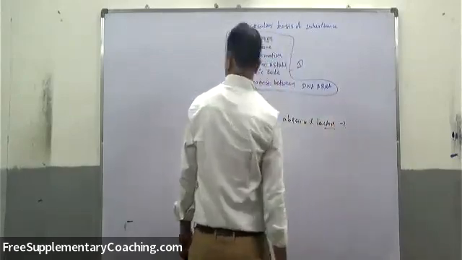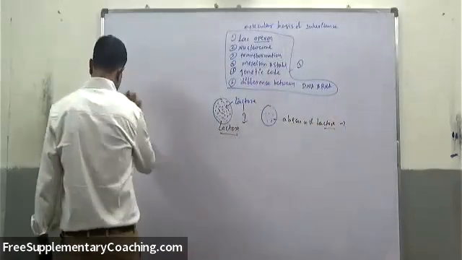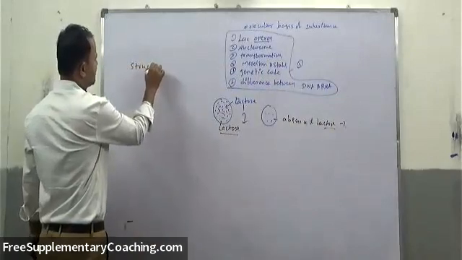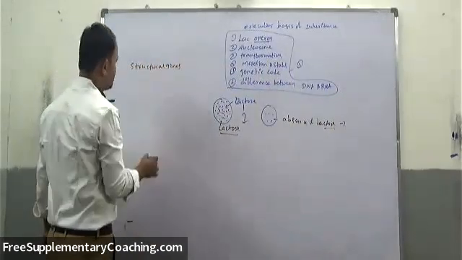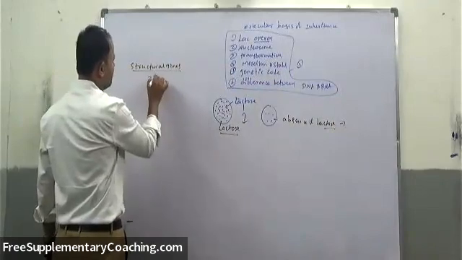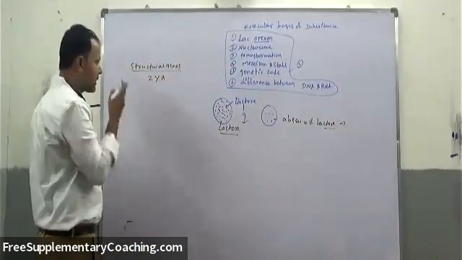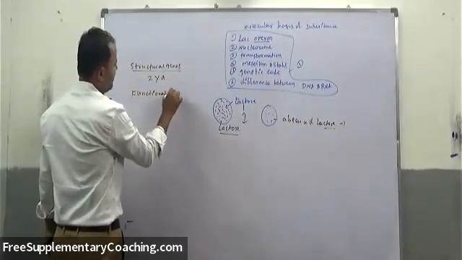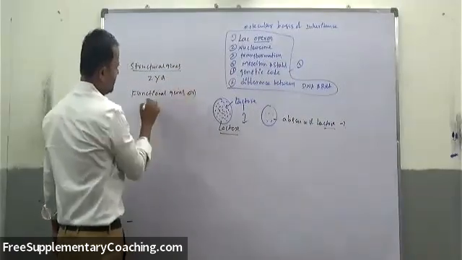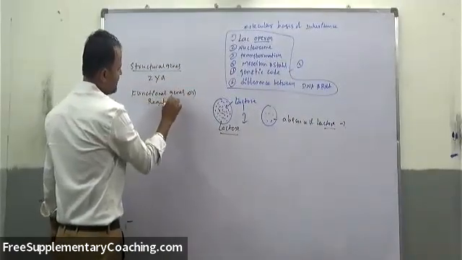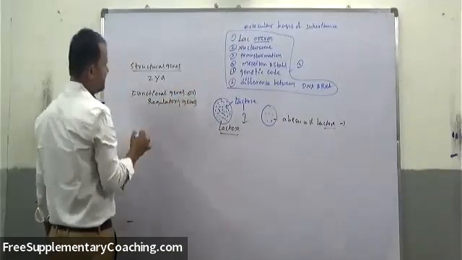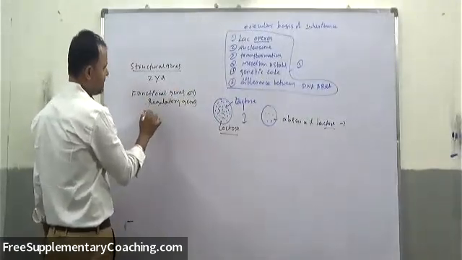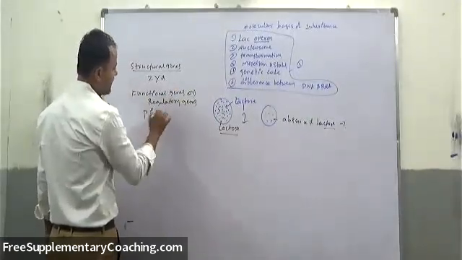Now we discuss. What are structural genes? Structural genes are Z, Y, A. Functional genes are regulatory genes: P, I, P, O, that is promoter, inhibitor, again promoter, and operator.